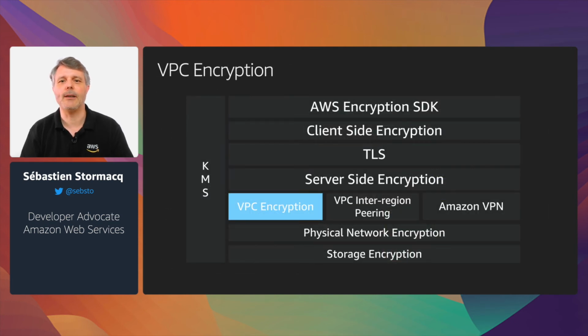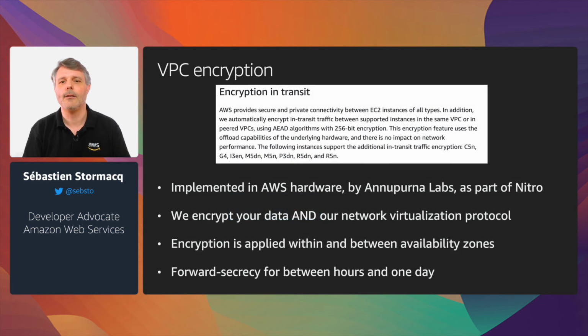What about networking? We have a lot of different options to encrypt data at a network level. For many different services, it's totally transparent for you. There is nothing to configure, we just do it, and that's an additional benefit of using AWS. So for instances that support it, we do have VPC encryption, so the communication between instances is encrypted within one availability zone, within one subnet, but across availability zones as well.